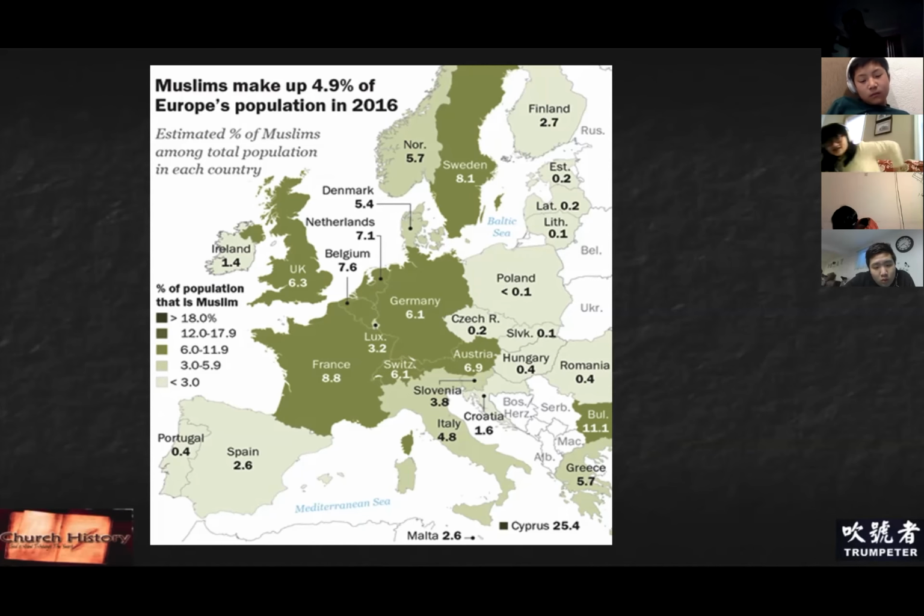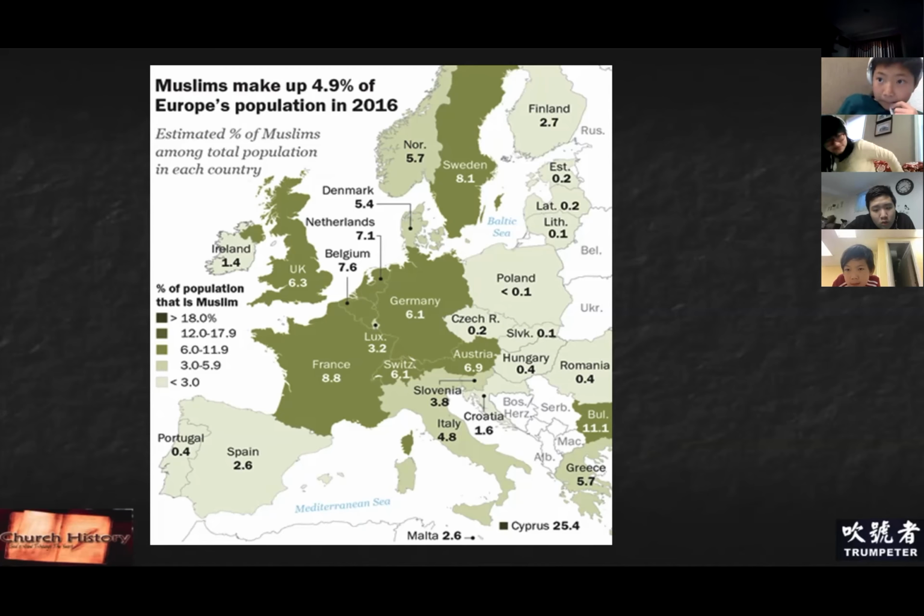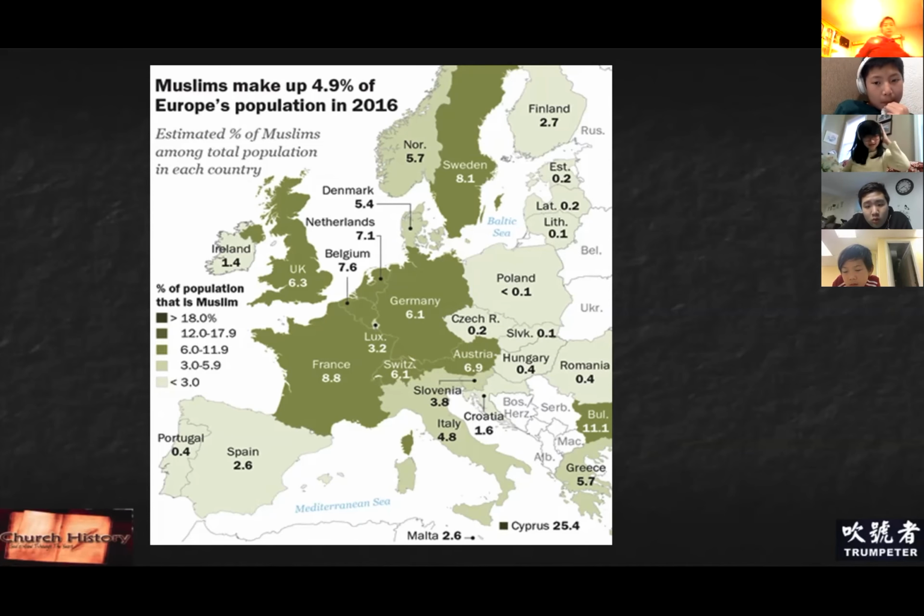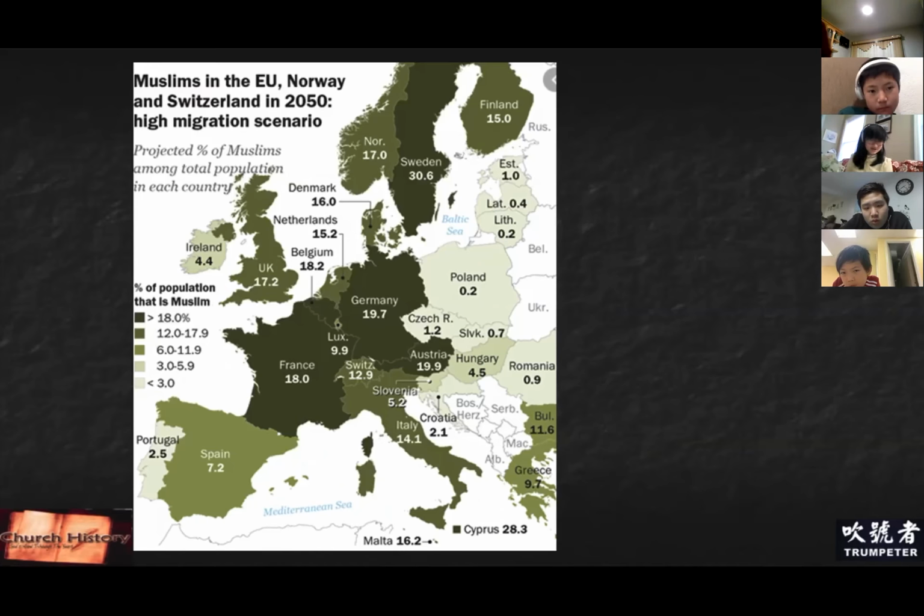In America also. And when they are dominating, they are not adopting the Christian values, they enforce the Muslim values. And they predict that in 2050, 18% of the French population is going to be Muslim. So you can see they are already conquering Europe in a different way.